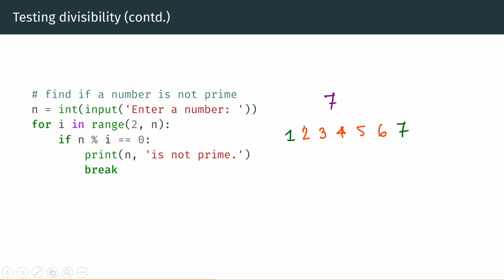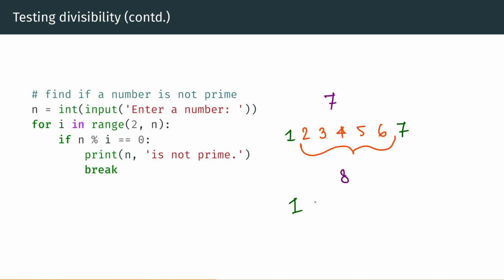So a number is prime if it is not divisible by any number between 1 and itself. And that's our hint. So we want to find out if a number is prime or not. If you take a non-prime number such as 8, it is obviously divisible by 1.